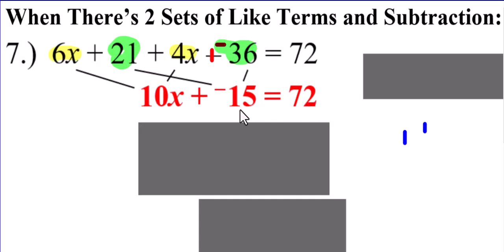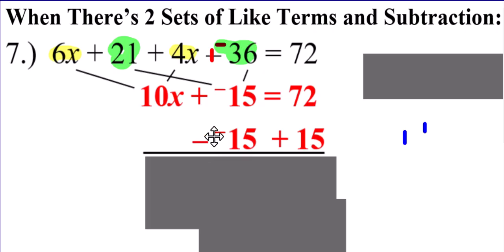Now let's do inverse operations in the reverse order of what's happening to x. X is being times by 10 and then added by negative 15. You can subtract by the negative, but I think you guys know by now, subtracting a negative is the same as adding a positive. And after all, to get 0, you would have to take a positive 15 to add to the original negative 15.